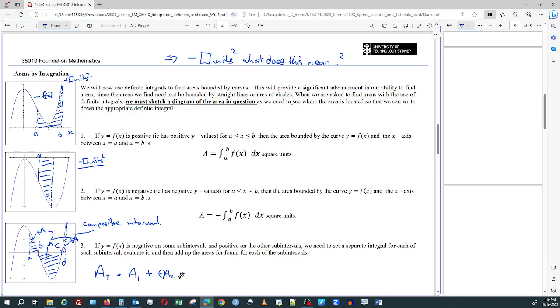Okay? So we'll end up getting this kind of thing, and in any combination, okay? So this would mean that we would integrate between A and B some function, and then we would also have a negative output from B to C for the same function.